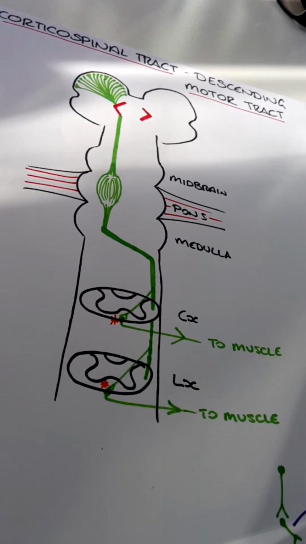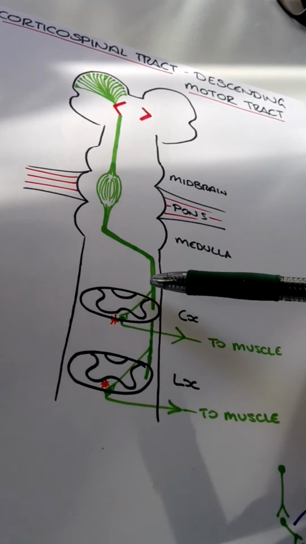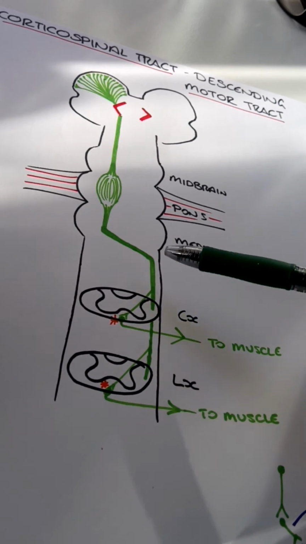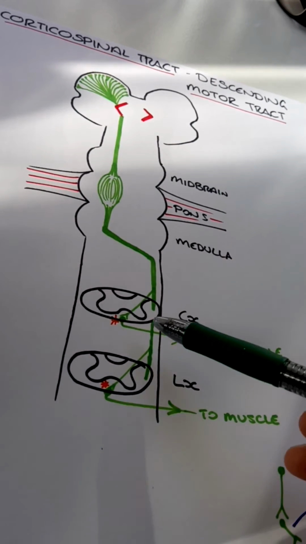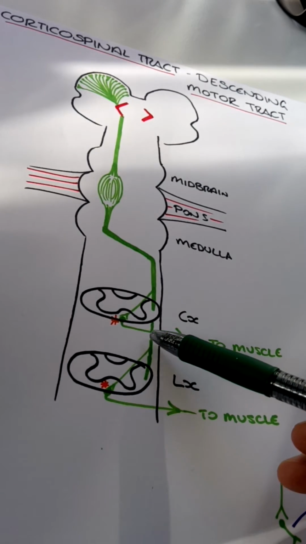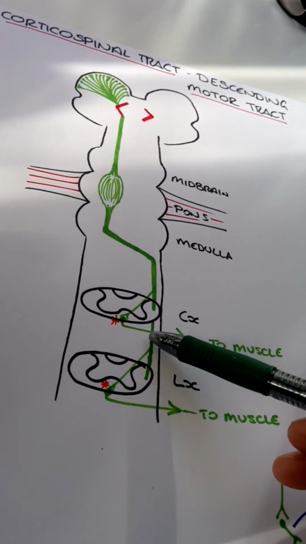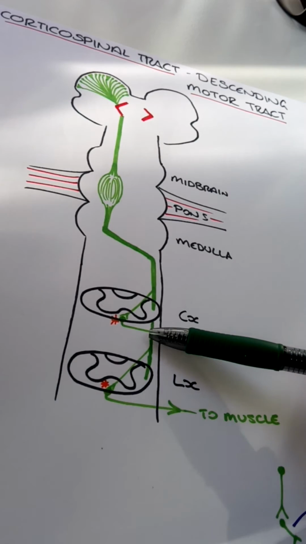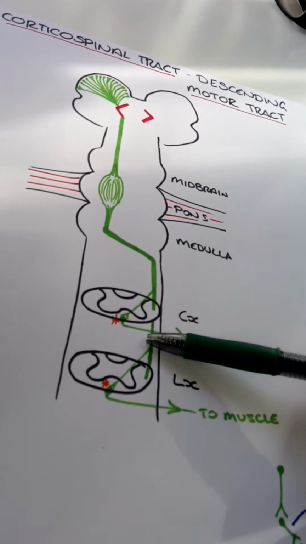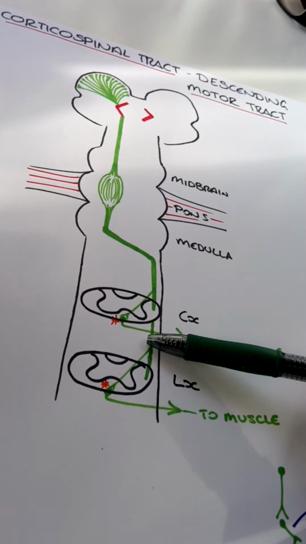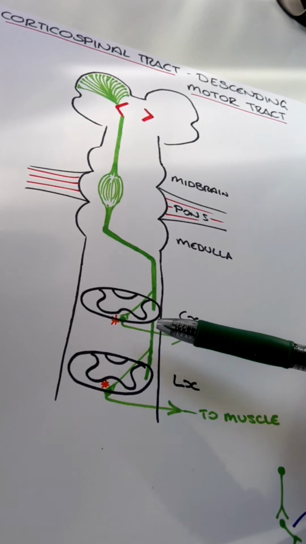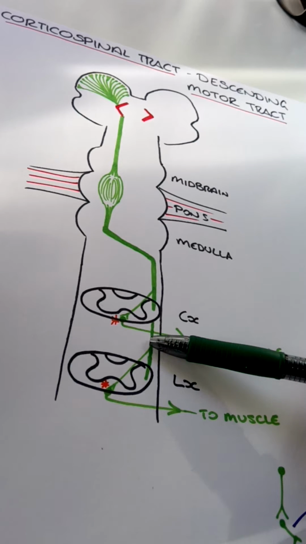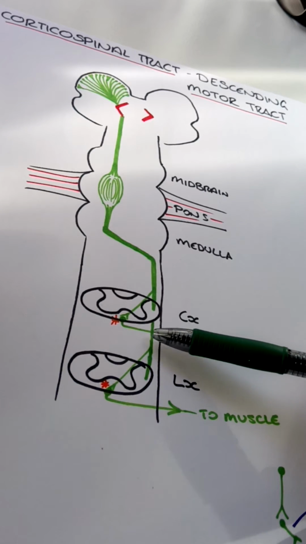If we continue down and we get a lesion at the level of T6, you're going to have motor issues at the level of T6 and below.